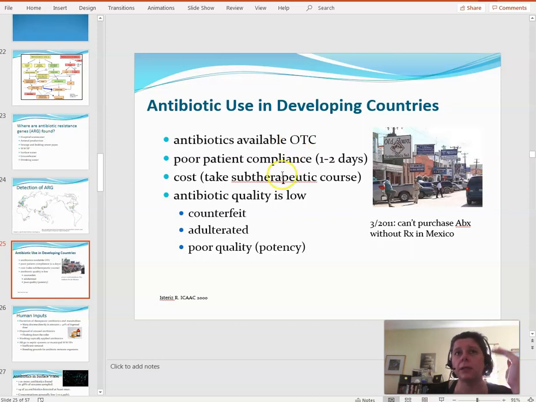So these are some of the issues: cost and then compliance. If you're not going to see a doctor and you're not being told that you need to take the whole course of antibiotics even though you feel better, this causes antibiotic resistance. And then there's low quality. Sometimes some of these things are counterfeit or adulterated, and people taking them can actually cause more problems with antibiotic resistance.